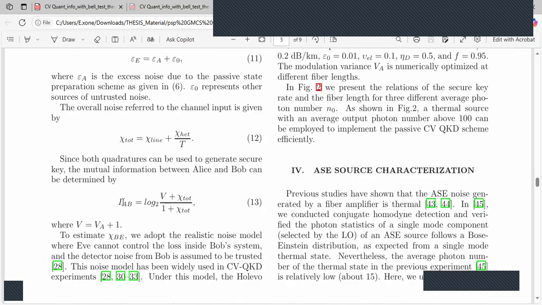The overall mutual information can be calculated using the variances of Alice and Bob and some conditional variance.